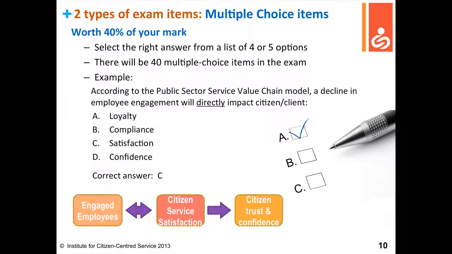So out of all of the answers, what is the very, very best one? And you're going to spend a little bit of time really focusing on any words that are underlined. And yes, you are going to see underlined words in the exam. And some of them are both underlined and in capital letters, just to make them really stand out.